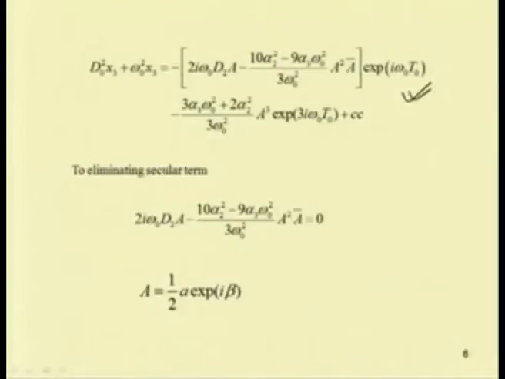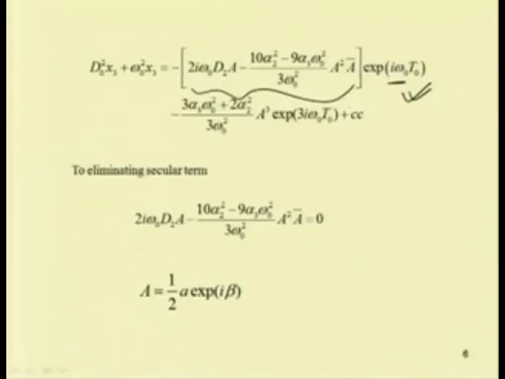Here also one can note that this term is a secular term, because it is the coefficient of e to the power I omega t 0. So, one has to eliminate this term. To eliminate it, we write 2 I omega 0 d 2 a minus 10 alpha 2 square minus 9 alpha 3 omega 0 square by 3 omega 0 square a bar equal to 0.